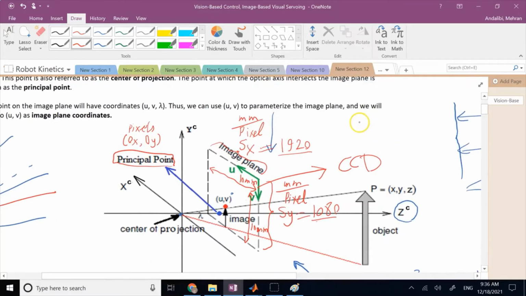So your SX is actually what? It is 10 divided by 1920, and SY is 10 divided by 1080. These are the actual numbers of SX and SY, millimeters per pixel.